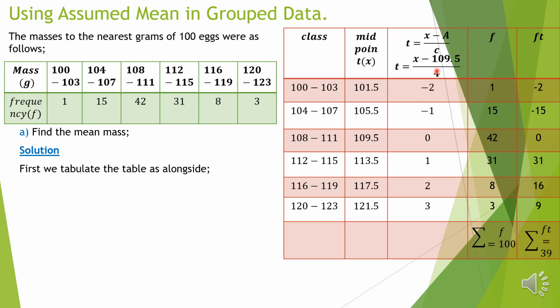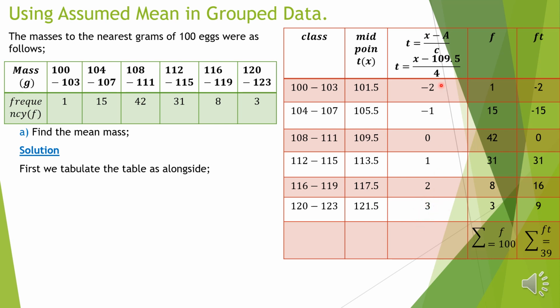113.5 minus 109.5, we get 4, divided by 4, that comes to 1. Then 117.5 minus 109.5, we get 8. 8 divided by 4, we get 2. Then lastly, 121.5 minus 109.5, we get 12, and 12 divided by 4, we get 3.